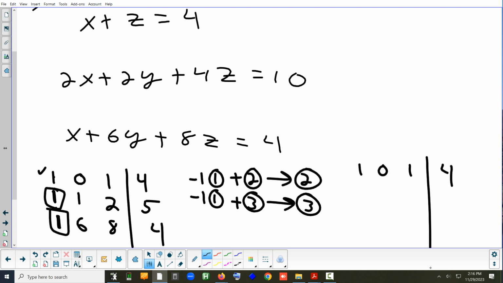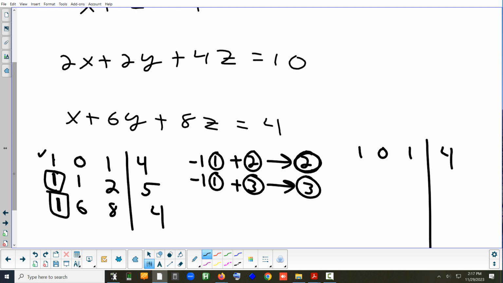Even though I'm multiplying it by -1, adding it to row 2 and replacing what's in row 2, row 1 itself doesn't change. Multiplying row 1 by -1 is just something I'm doing in my head. What's really important is we're changing row 2.